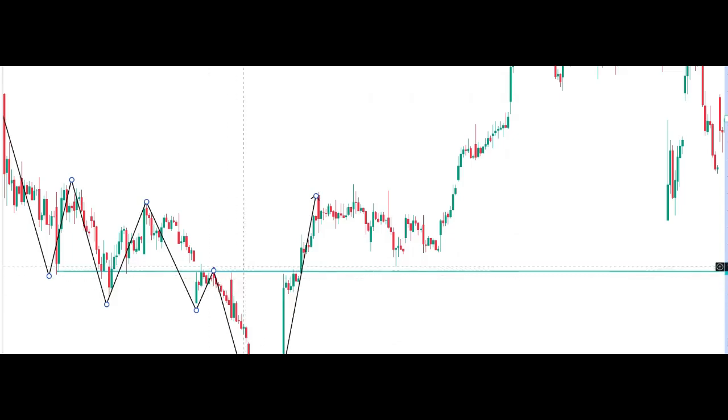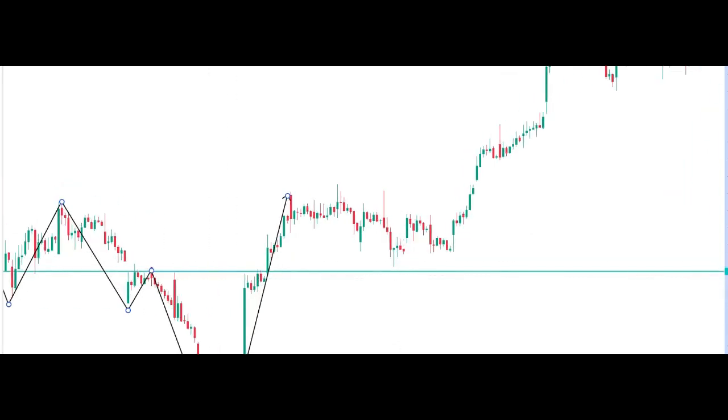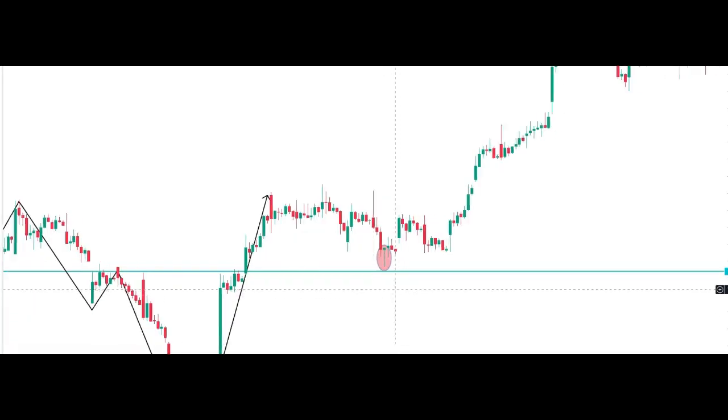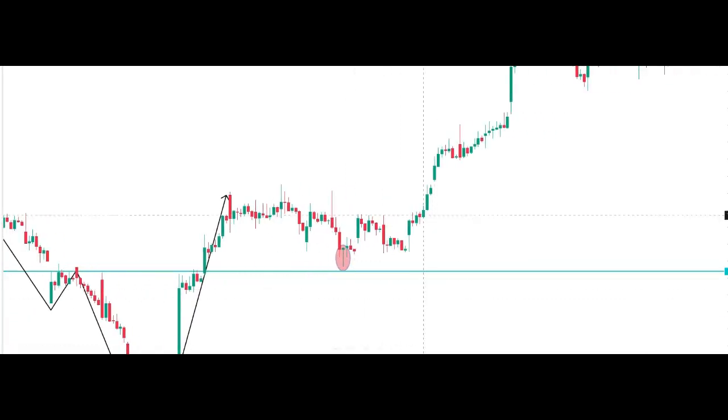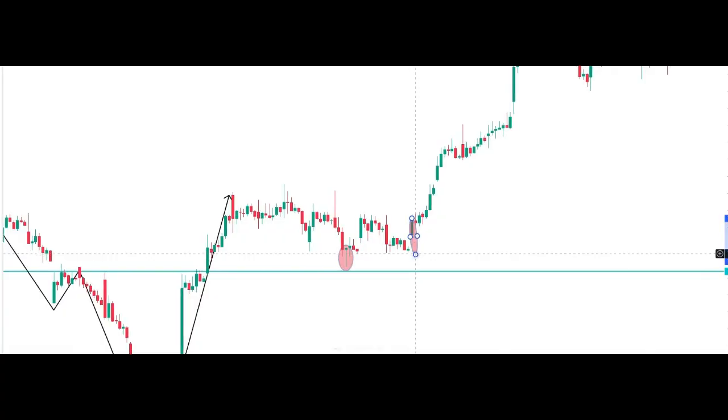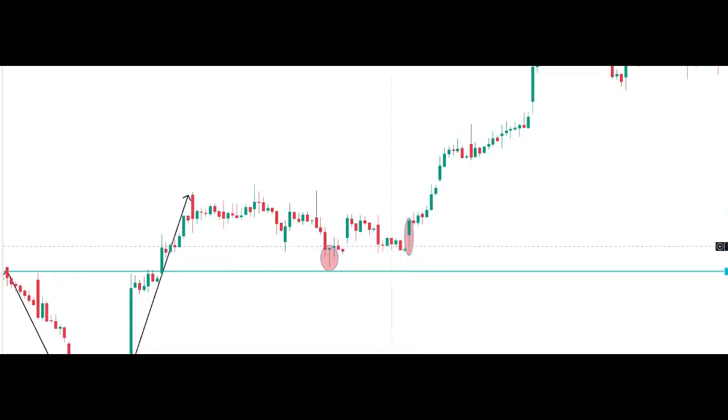Compared to this high, here you see what? A hammer, and this makes the candle special. And you can see also a hammer at the same place. This makes it special.